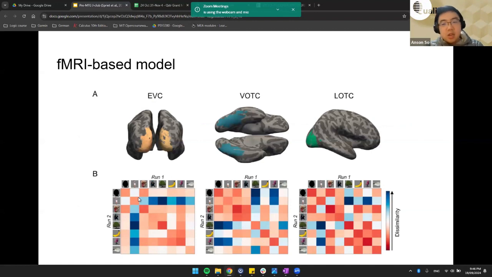Each pixel represents the difference in fMRI activity at a certain region when they're looking at image 1 versus image 2. And in this case, they have compiled 3 dissimilarity matrices to compare from the adult early visual cortex, adult ventral occipital temporal cortex, and adult lateral occipital temporal cortex.